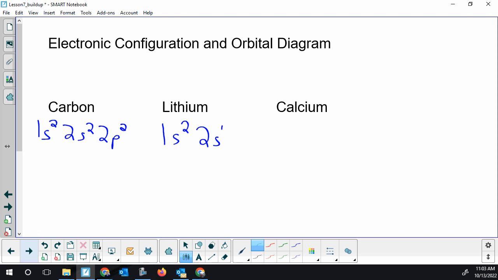Calcium, we've got to snake through a lot of the table now. So maybe follow along with your finger as I snake through. 1s2 is hydrogen and helium. 2s2, lithium and beryllium. Now I'm into 2p at boron, and that holds 6 electrons to go all the way over to the noble gas.